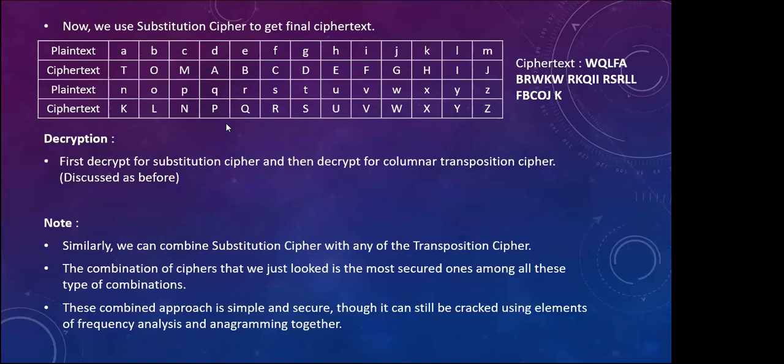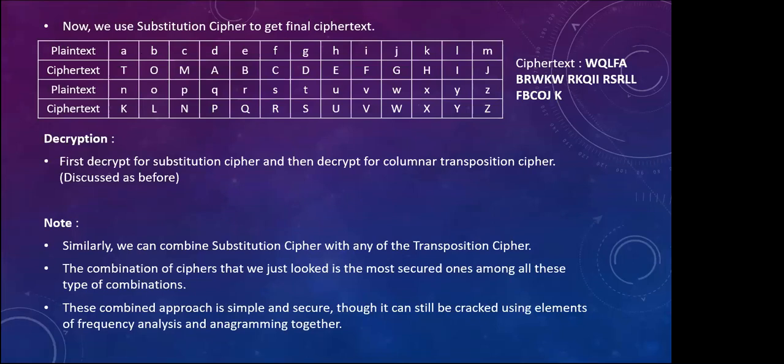Then after decrypting the substitution cipher we will use decryption for the columnar transposition cipher that we have seen previously, follow those steps and decrypt it, and then we will get the plain text.